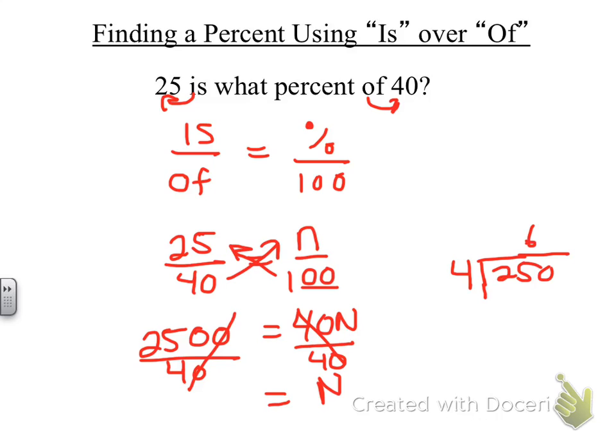Let's go 6. It's 24. The remainder of 1. 0. It goes 2 times. It's 8. I have 2. I'm going to bring down.